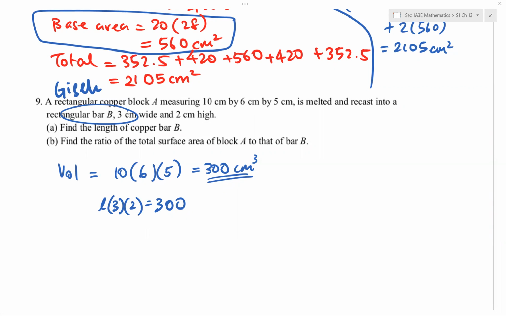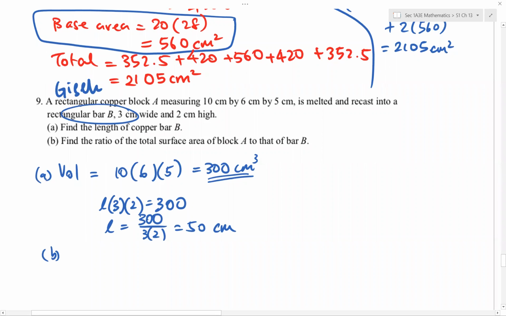I want to find the length, L. Divided by 3 times 2, which is 50. Okay, so the length is 50 cm. Part A done. Part B, find the ratio of total surface area of block A to bar B.